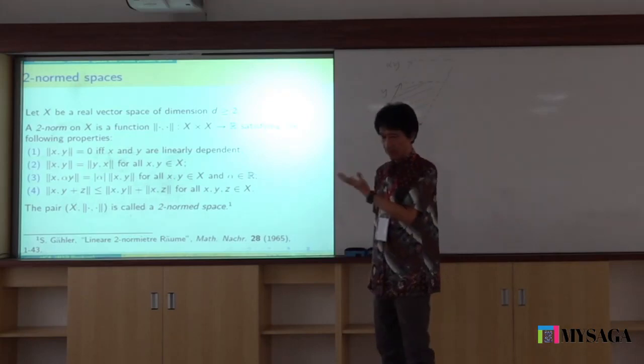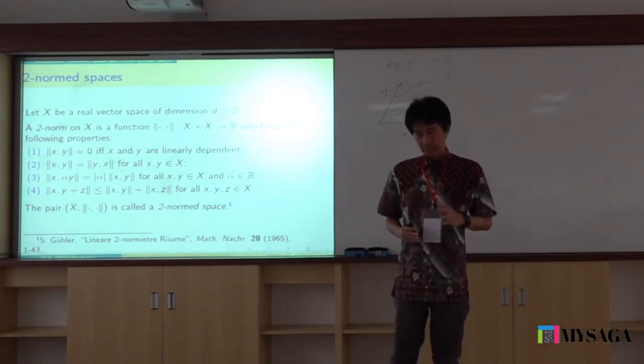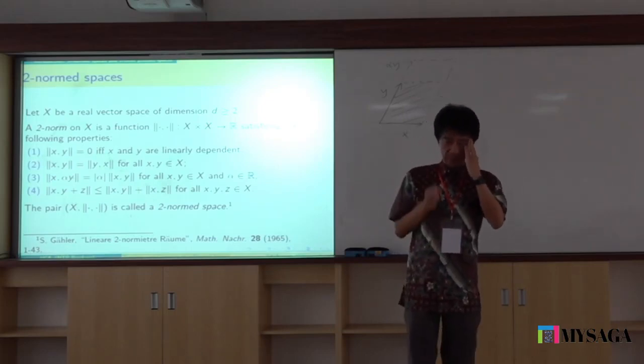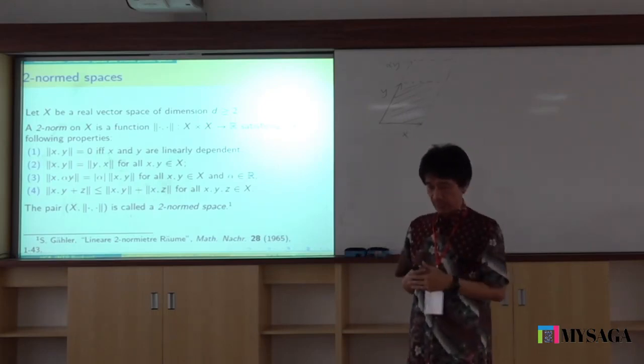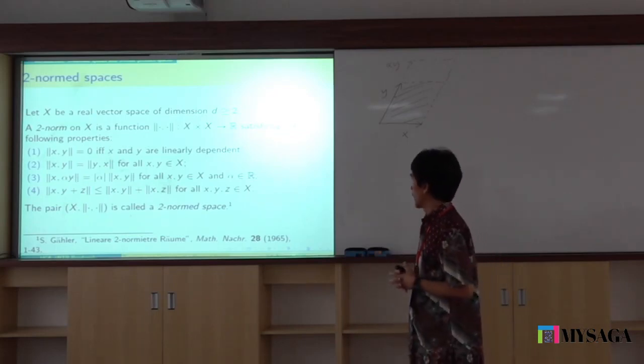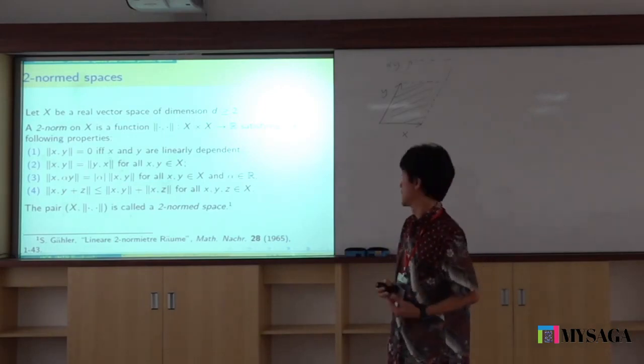If you think of y and z as the vectors where you compute the height after projecting them onto x, then of course you just use the triangle inequality for the length of y plus z compared to the length of y and the length of z.